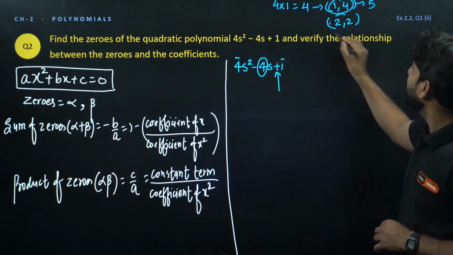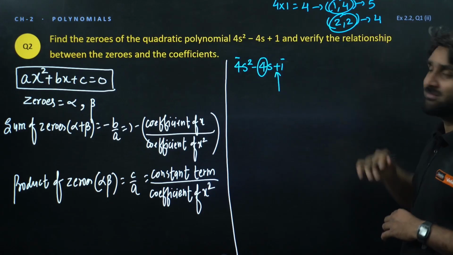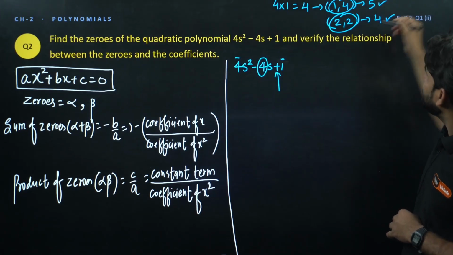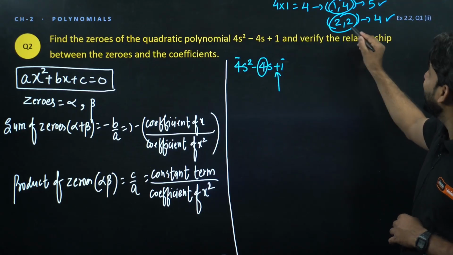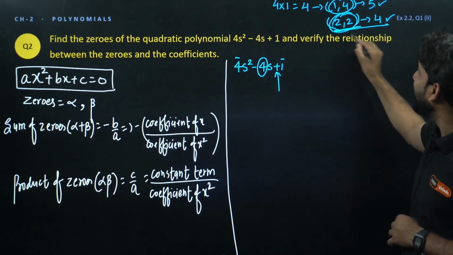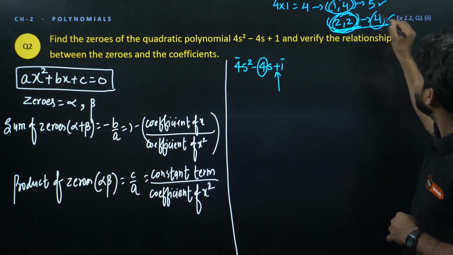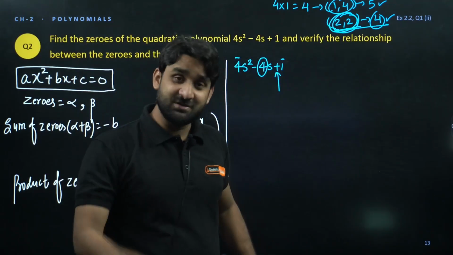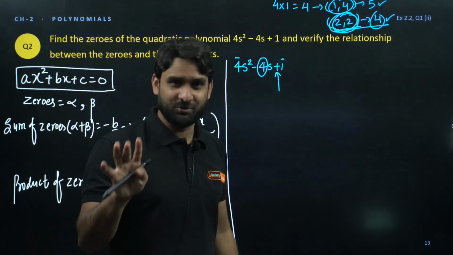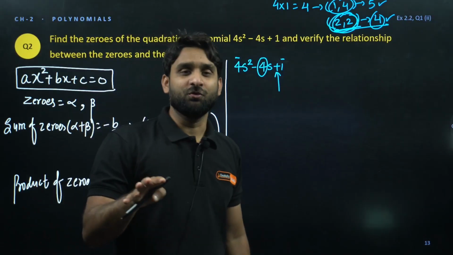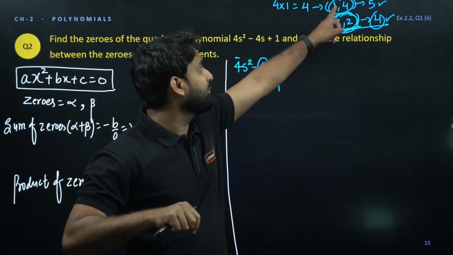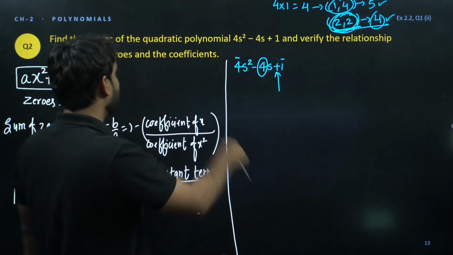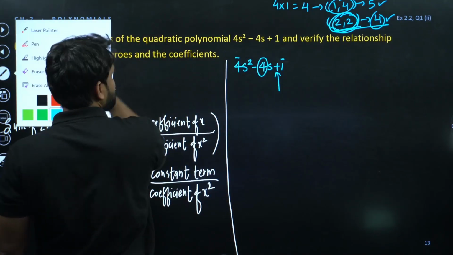And when we add 2 plus 2, we get 4. On adding, the number we get should be the central value, the same value present in the middle. Wow. So 2 and 2 are your friend. So we have to ignore 4 and 1. That is meaningless for us for now.